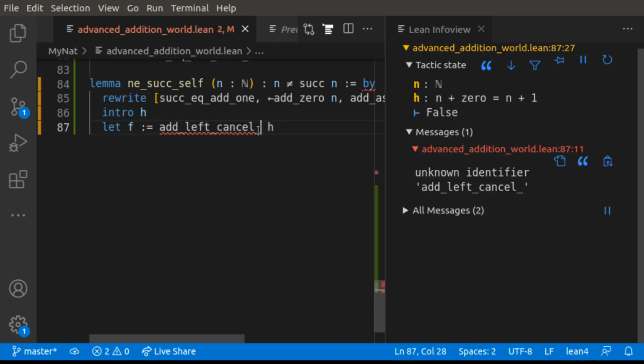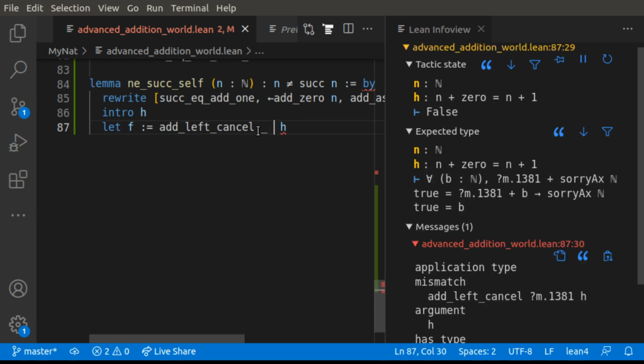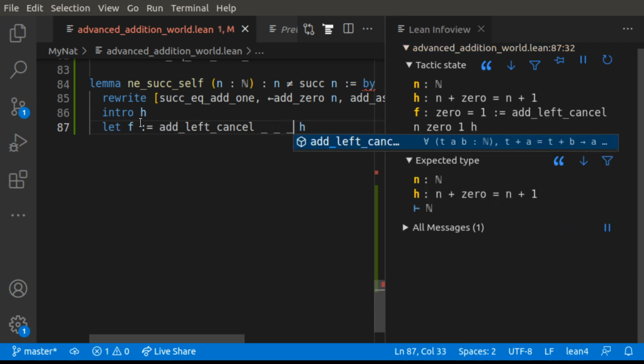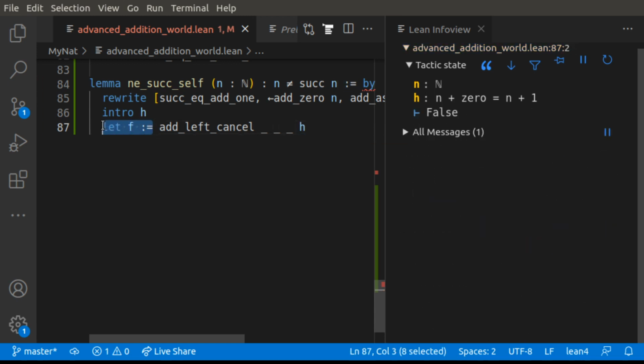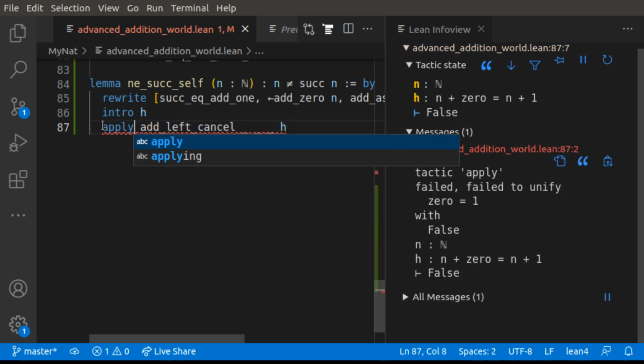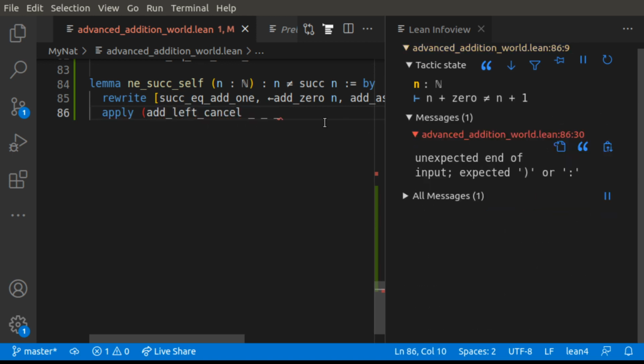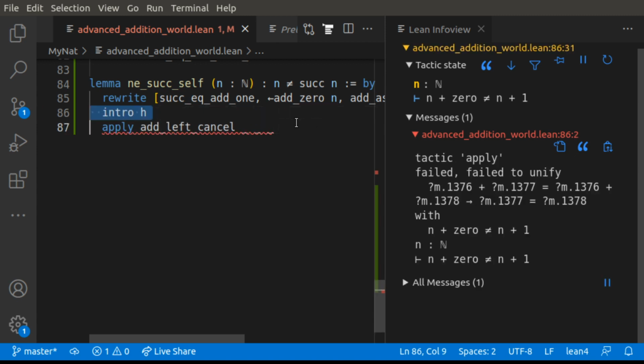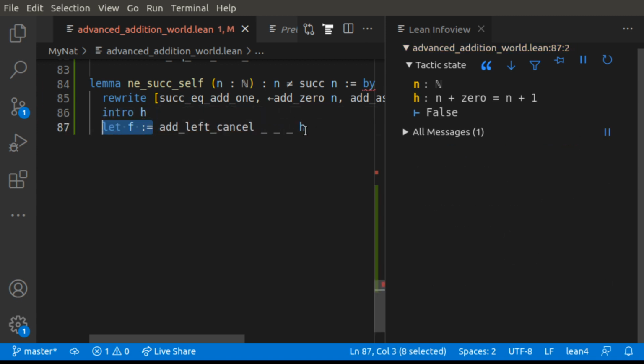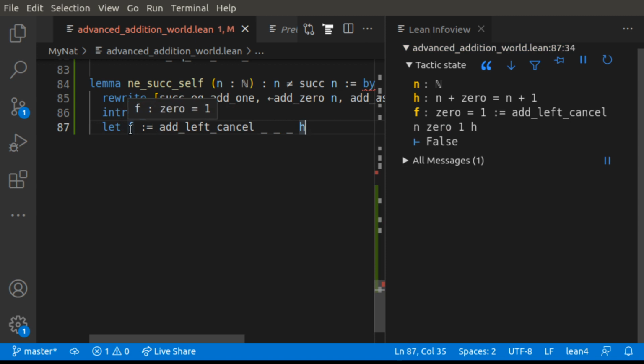Oh. Okay, I apply, but don't intro h. Okay, let's just go back to what we had. Okay, so f is 0 equals 1.